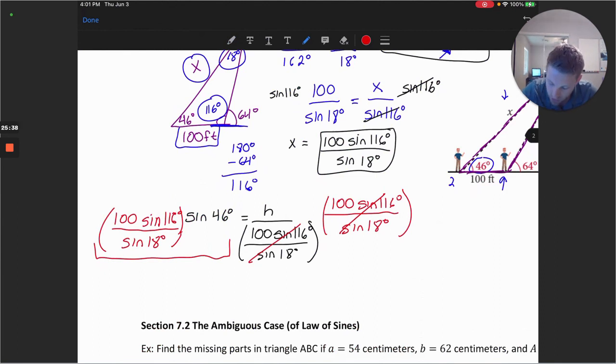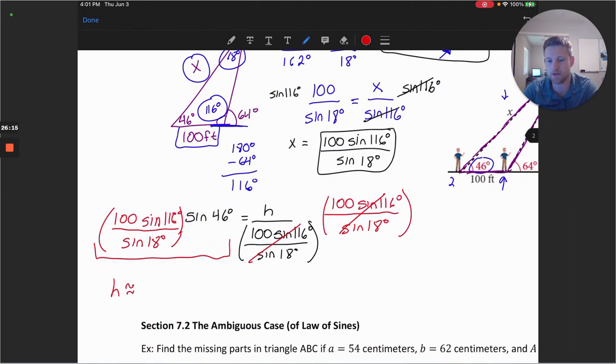And so h here, you can confirm this in our calculator. If we find this out, this ends up being the 100 sine of 116, I'll confirm this with you guys, times the sine of 46, and then divided by the sine of 18.